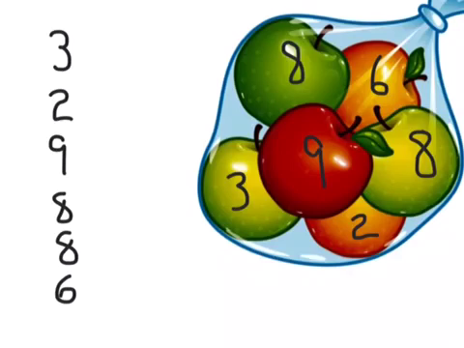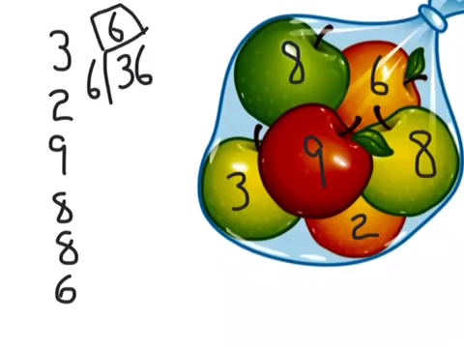So I added them up, and there is 36 apples, and I divide that by 6, so the mean is 6. There it is. And we indicate that as X bar. That is the mean, the average of all the apples.